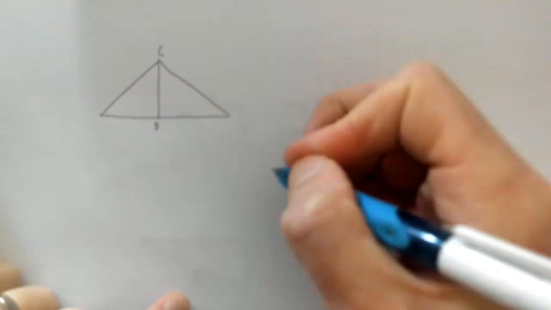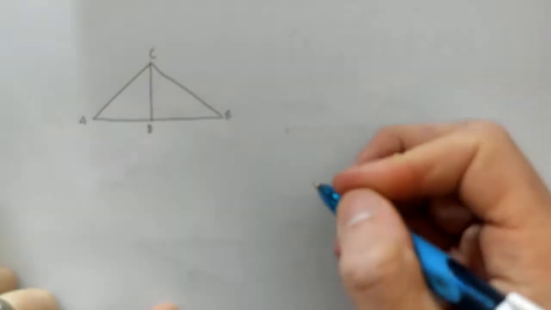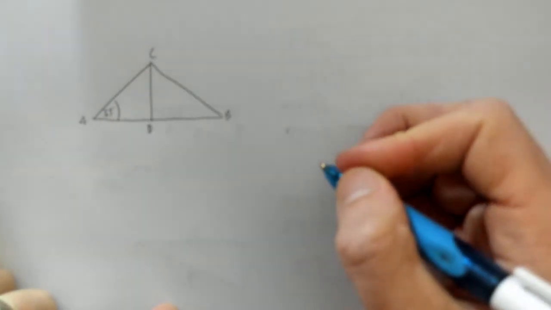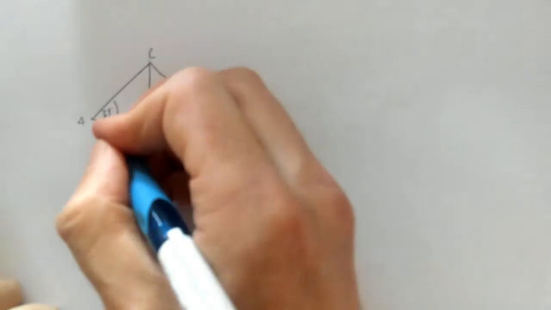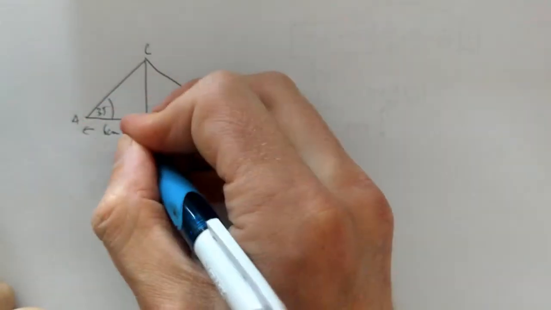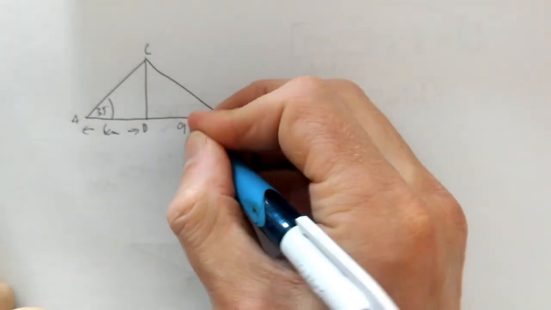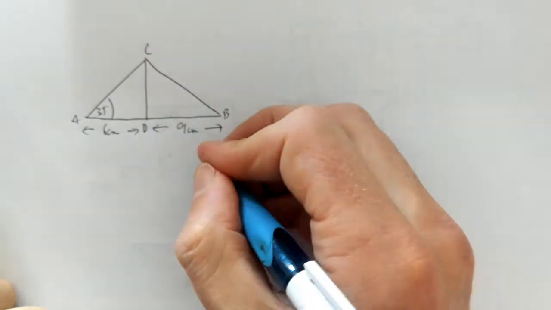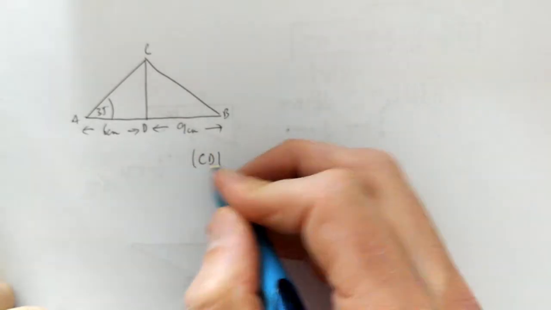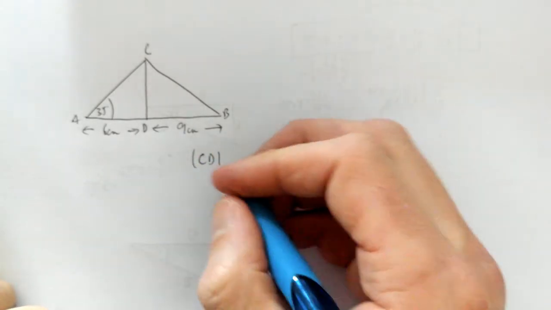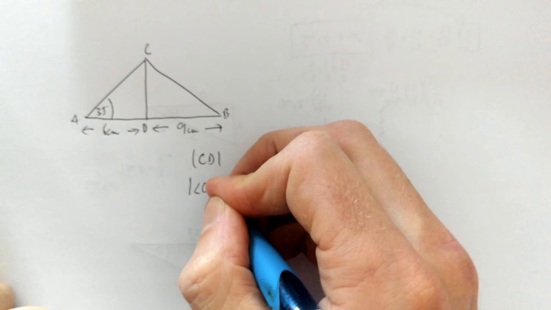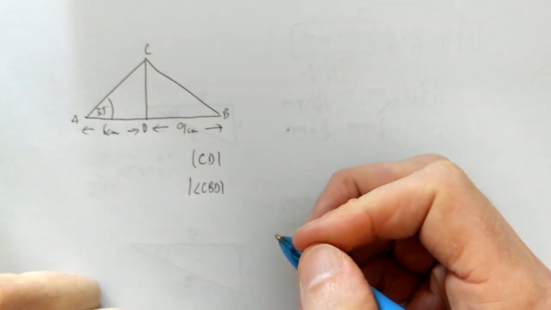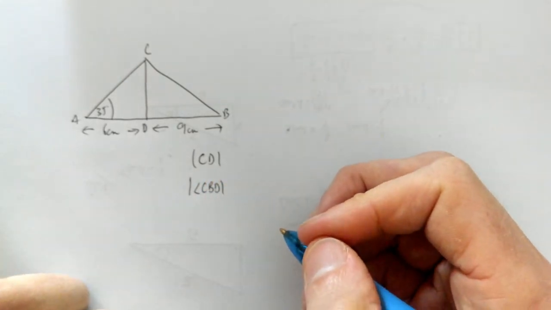C, D, A, B, 35. And we are asked to find the length. Don't forget this notation is for length, CD, and the angle, CBD.